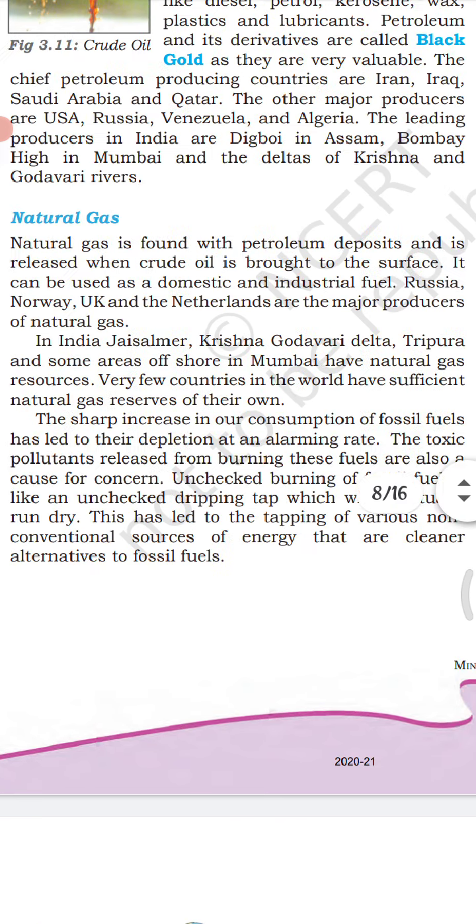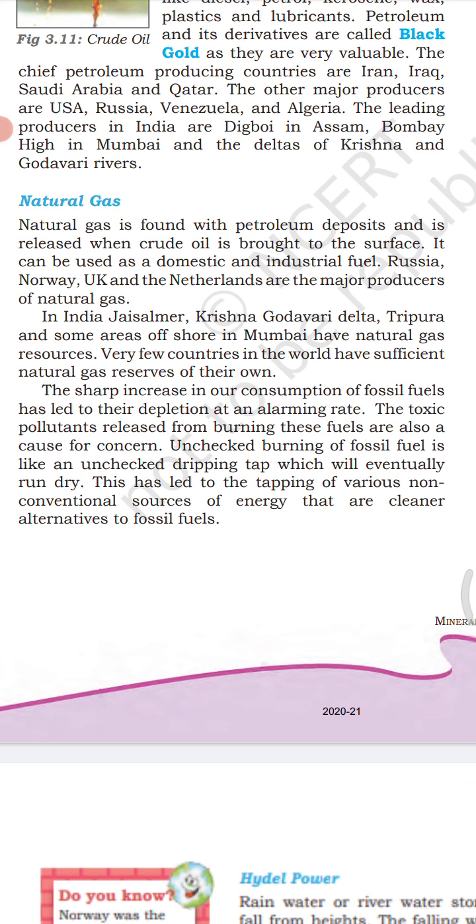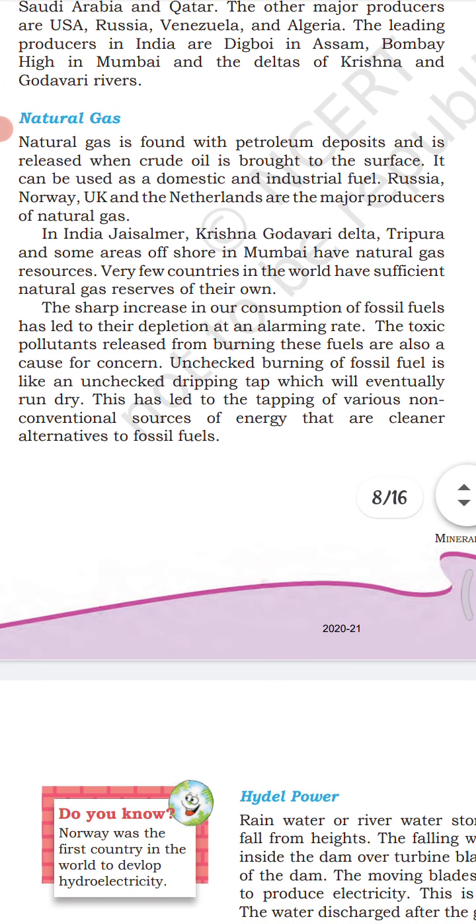The sharp increase in our consumption of fossil fuels has led to their depletion at an alarming rate. We have discussed earlier also that we are using our resources recklessly and very fast in comparison to their formation.